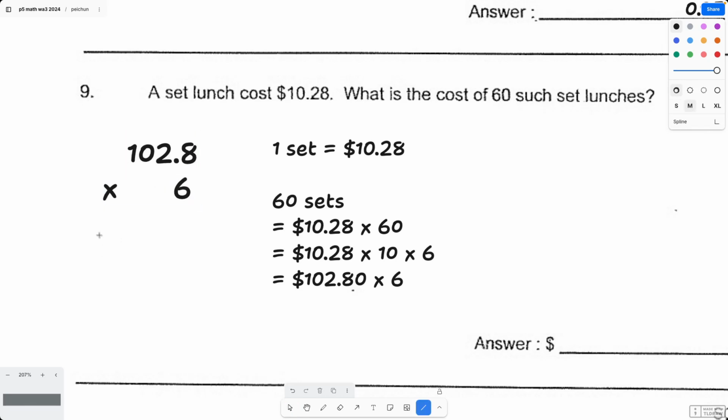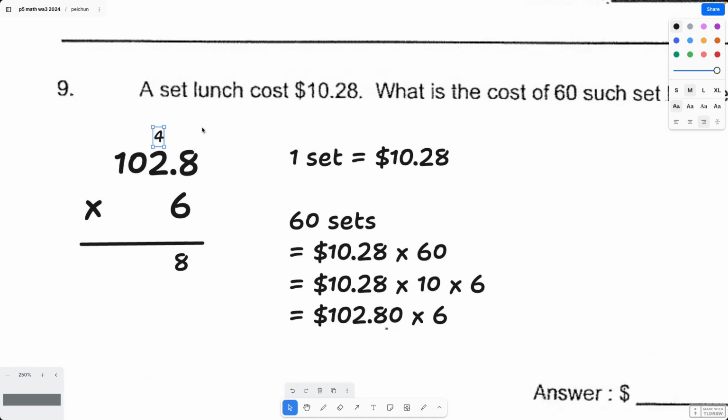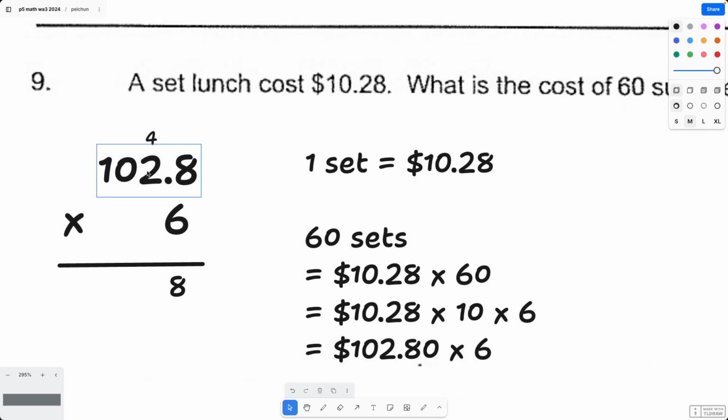First, what is 8 times 6? The answer is 48. So we put 8 over here, and then we put 4 at the top here. Next, what is 2 times 6?